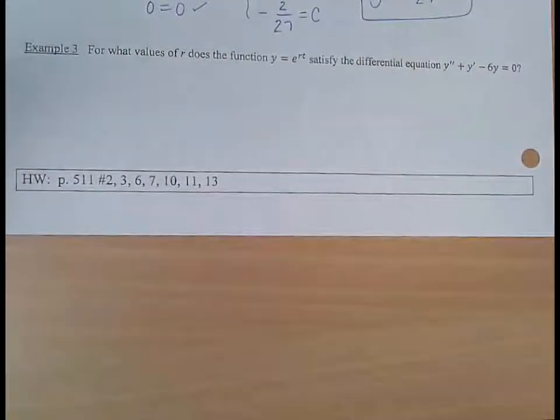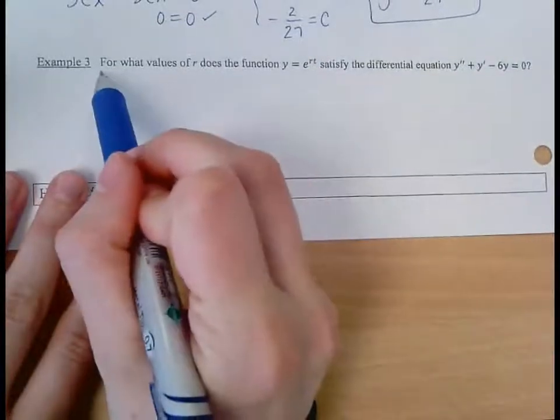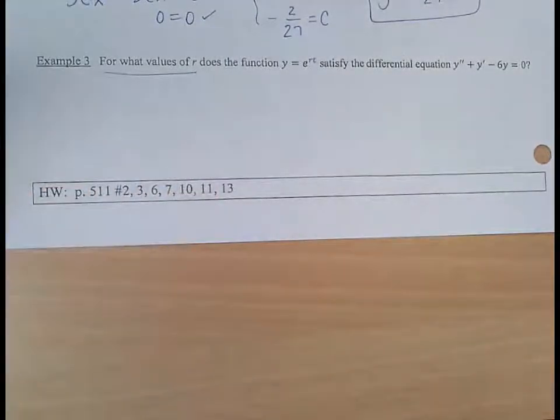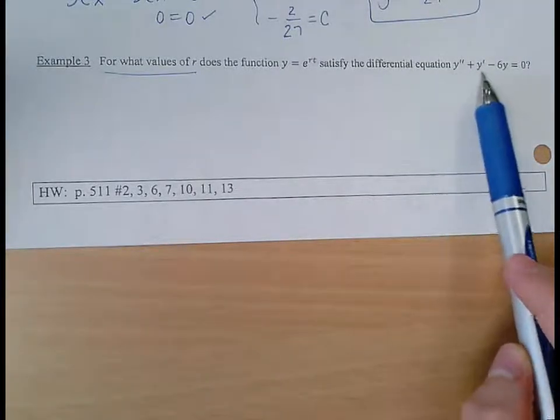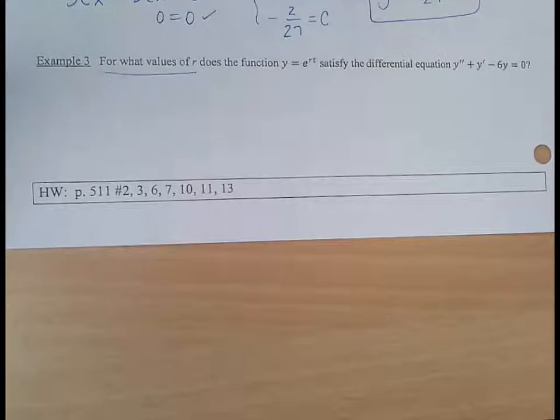All right, and then example 3. I included this. Sometimes you might see questions like this one. For what values of r, so our answer is going to be r values. For what values of r does the function y equals e to the rt satisfy the differential equation y double prime plus y prime minus 6y equals 0?